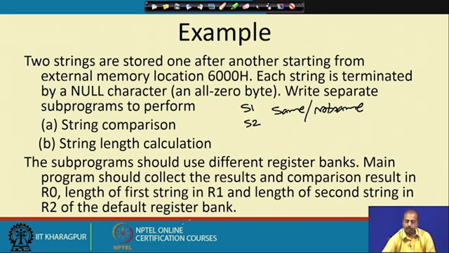The main program should collect the comparison result in R0, length of the first string in R1 and length of the second string in R2 of the default register bank. So, the comparison result should be in R0. If the strings are same, the answer will be yes, and if not same, the answer will be no. It can be identified by putting a 1 or 0 in the R0 register.